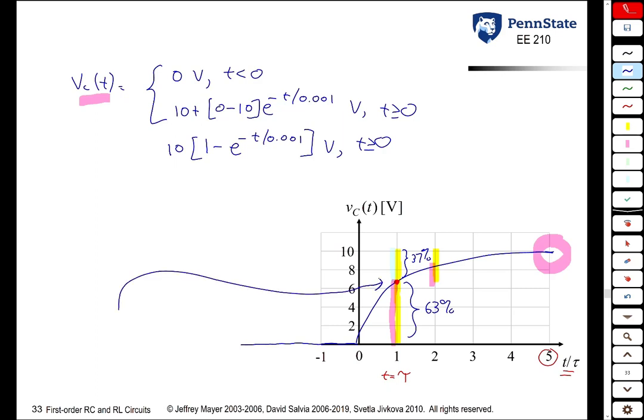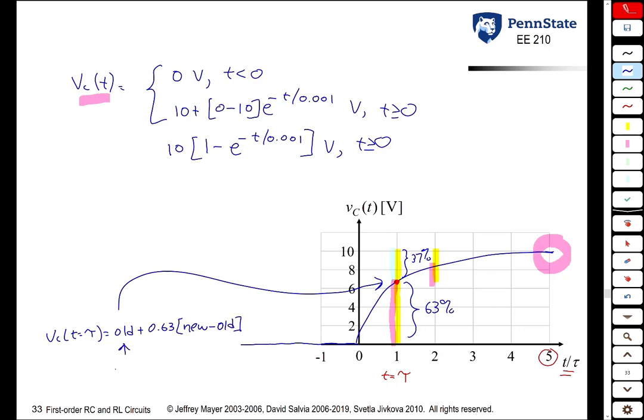So you could find an expression for the value after one time constant. Vc at t equal tau is the old value plus 0.63 times the new minus the old.